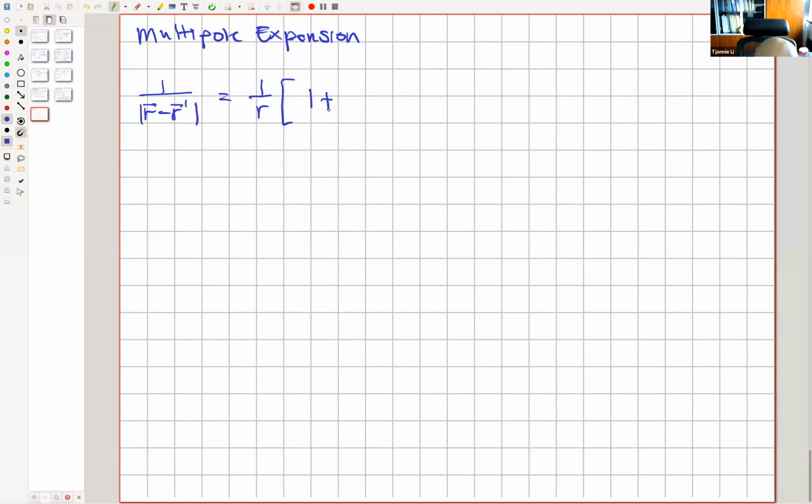And indeed, I get 1 plus cosine r prime over r plus 3 over 2 cosine squared minus a half of r prime over r squared, and so on.